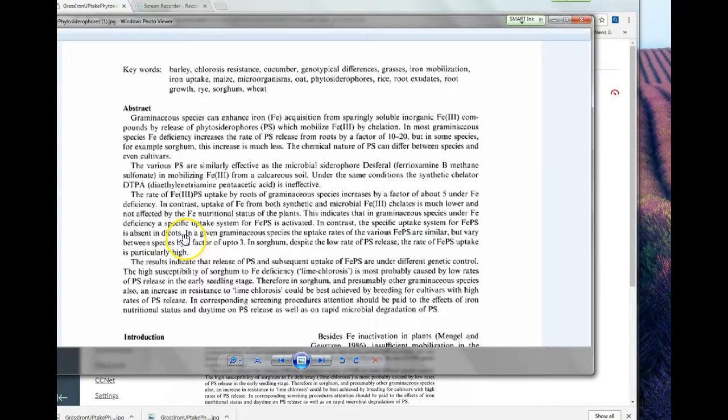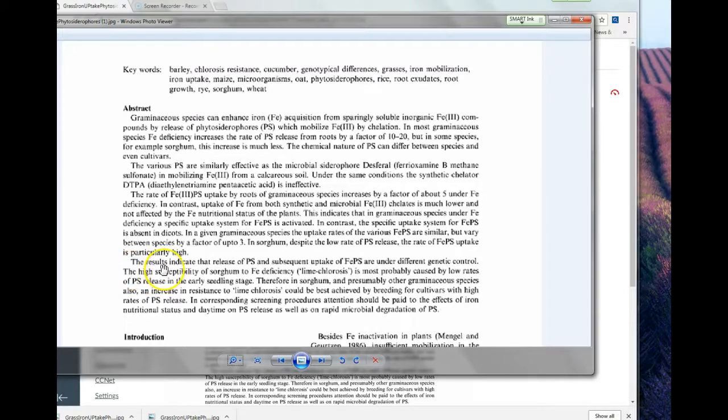For a given gramineous species, the uptake rates for the various iron phytosiderophores are similar, but they can vary by species by a factor of up to 3. In sorghum, despite the low rate of phytosiderophore release, the rate of iron phytosiderophore uptake is particularly high.